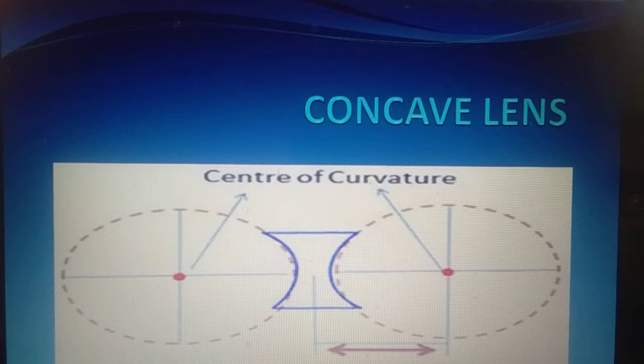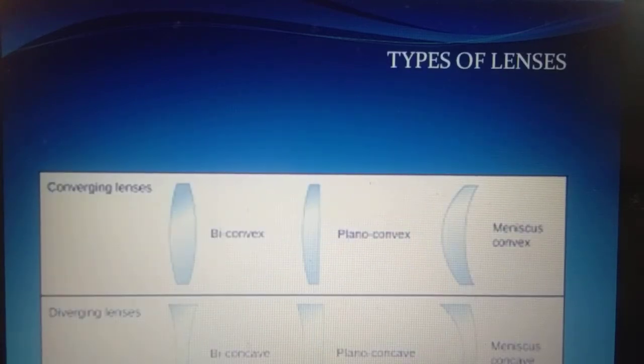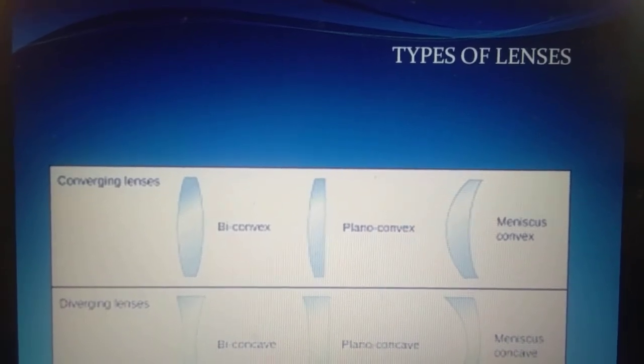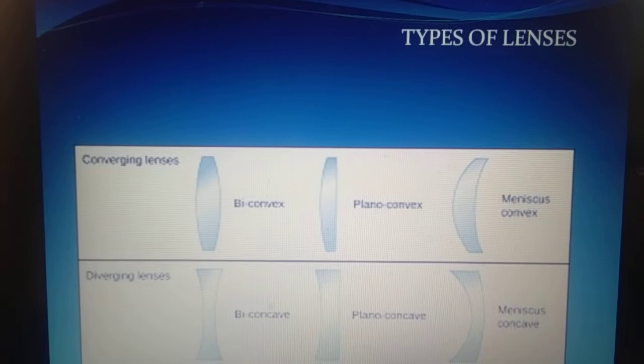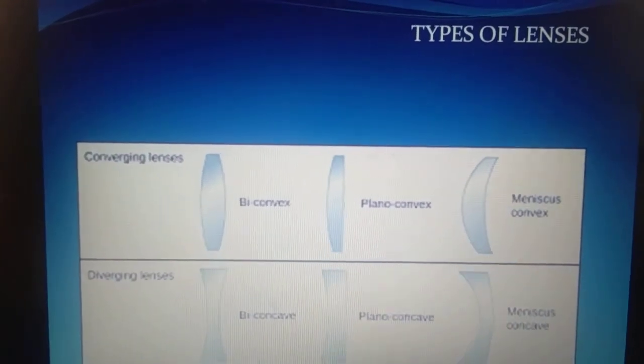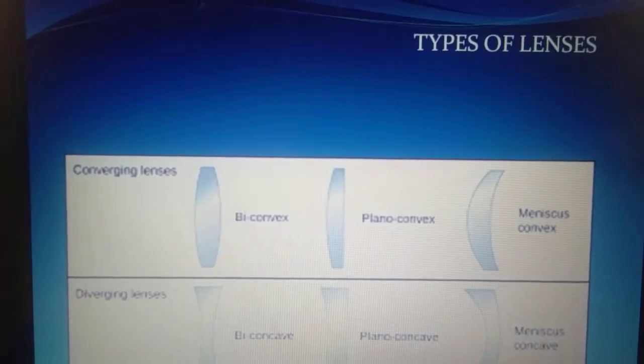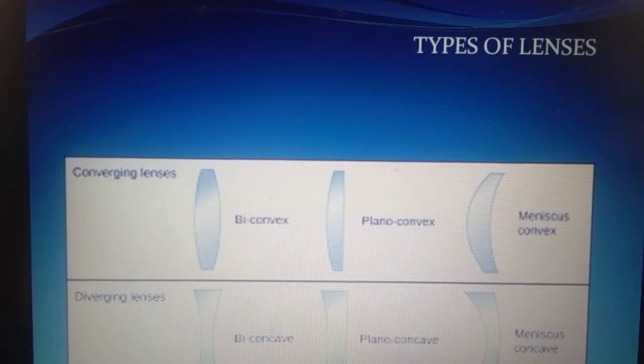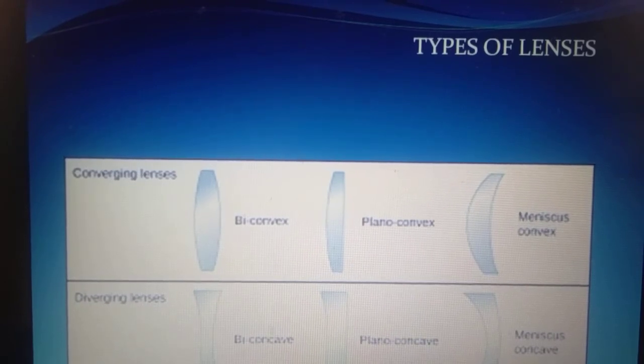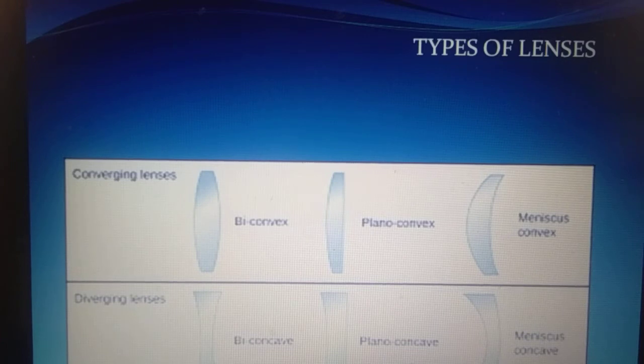Now let us understand the types of lenses. We have a number of types of lenses. One is termed as a biconvex lens. What is the meaning of biconvex lens? Both the sides are bulged.